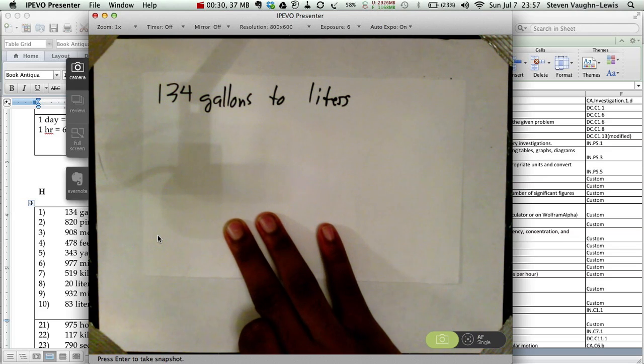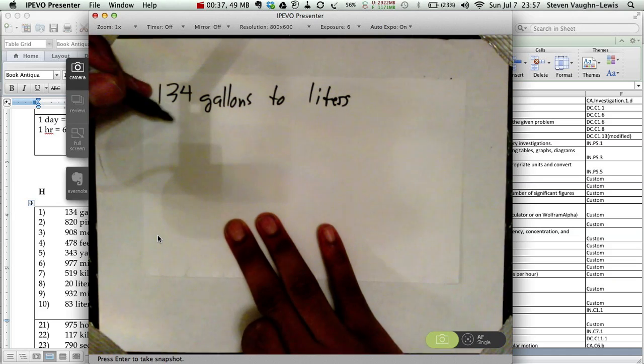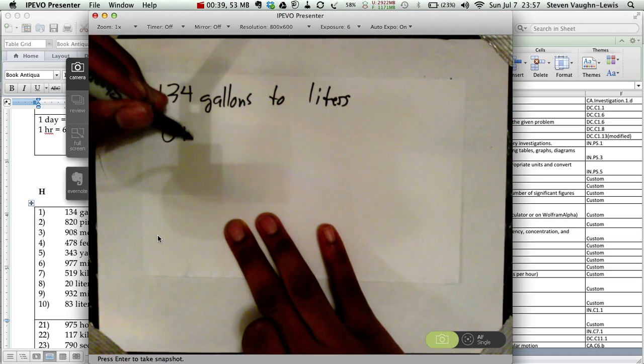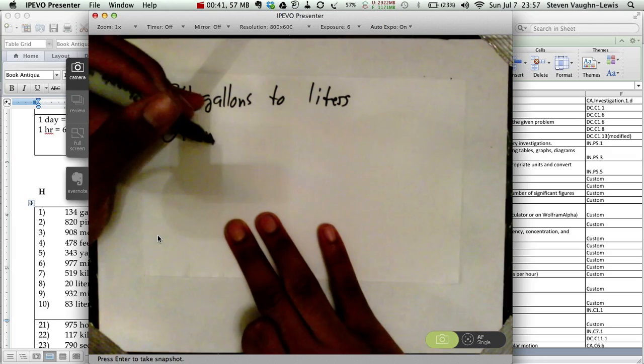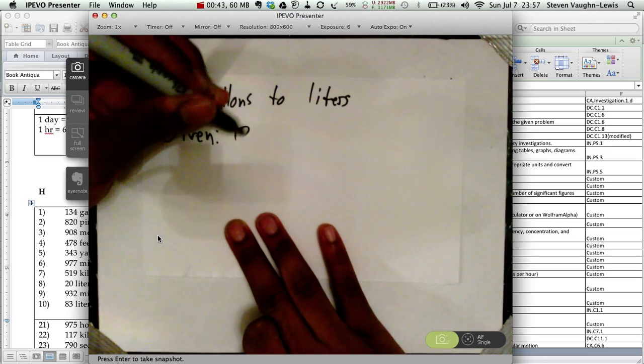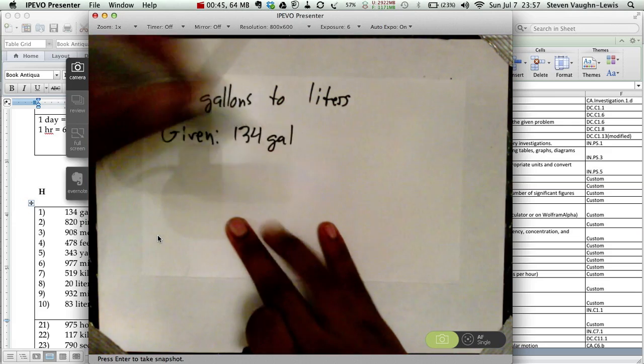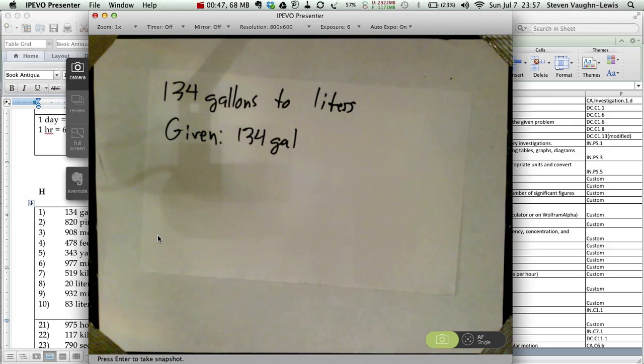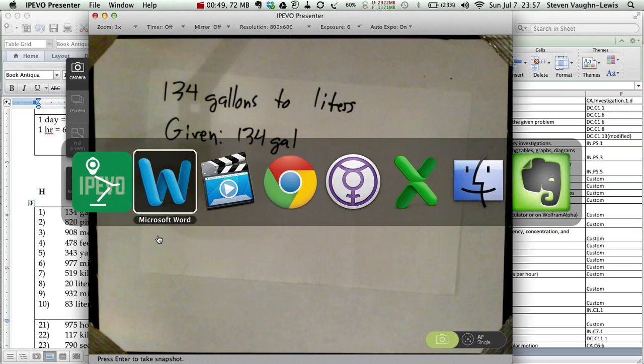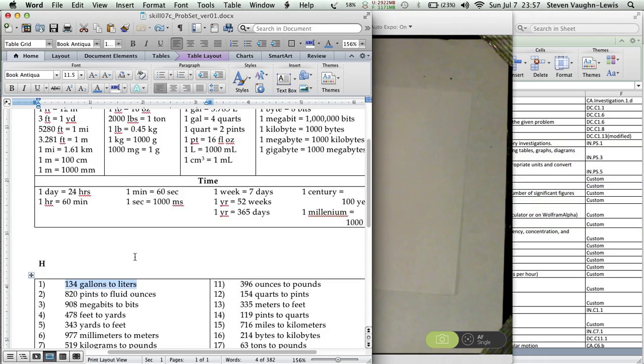Now, in order to solve any kind of problem, first we need to list our given and our unknowns. So our given in this situation is 134 gallons, but also given to us is the relationship between gallons and liters.